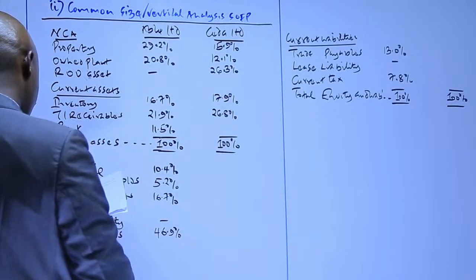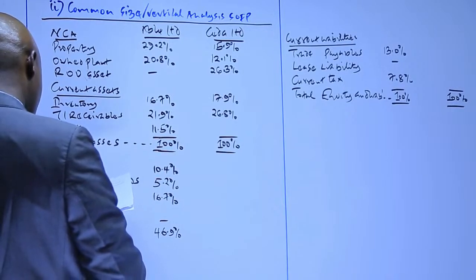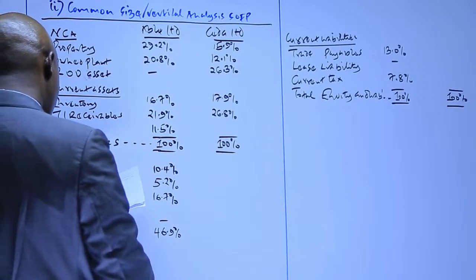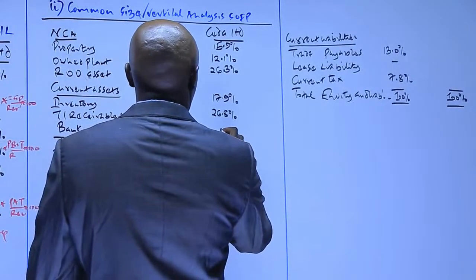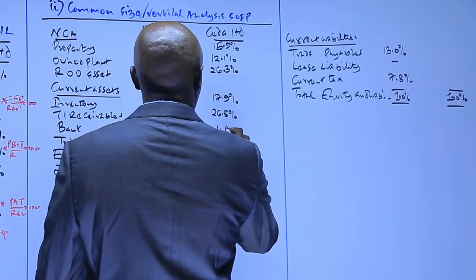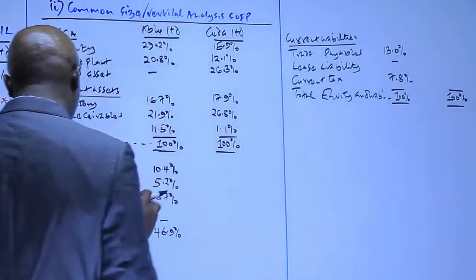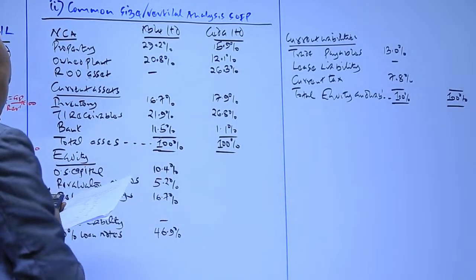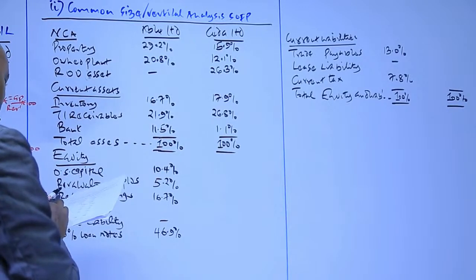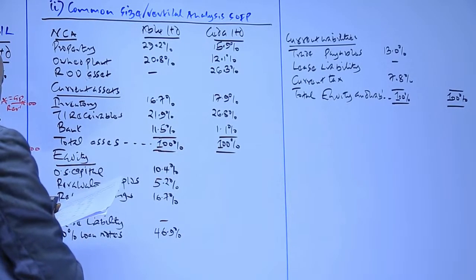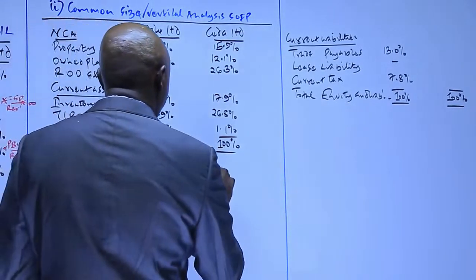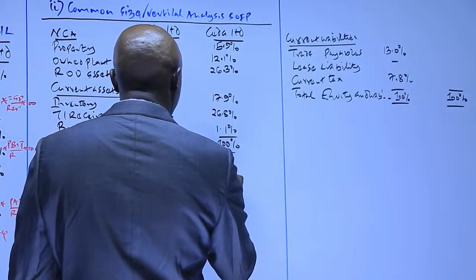Then we have the last item, which is bank 700 divided by 66,500, which is 1.1%. Okay, so we go to the items of equity. We have 7,000 divided by 66,500, which will give us 10.5%.